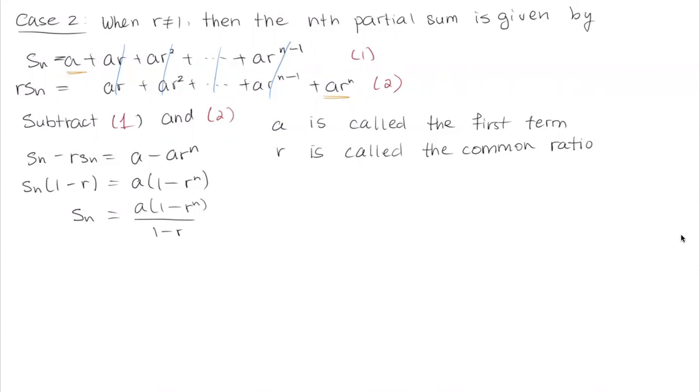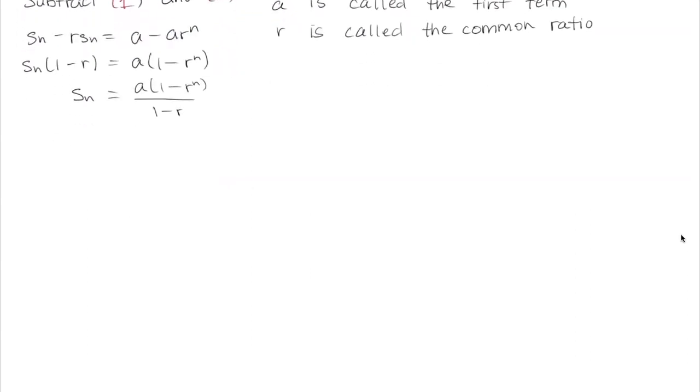Now, obviously, when we substitute r is equal to 1, we get something that is not good. So let's consider r to be greater than 1. So this is subcase A, subcase 2.1.